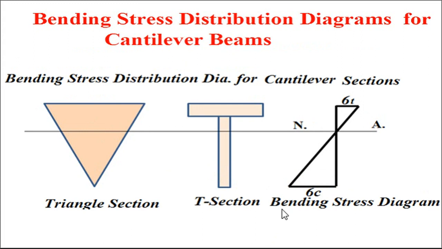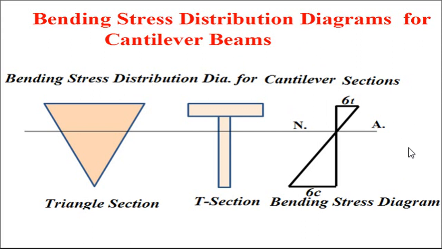Now sometimes the beam is subjected to tension on the top side. What are those cases? That is nothing but the cantilever beam case. In a cantilever beam, normally one end is fixed and the beam will bend like this.